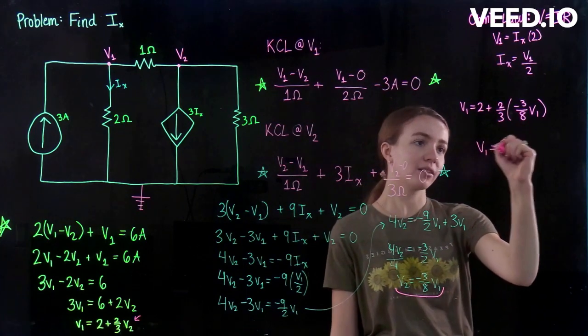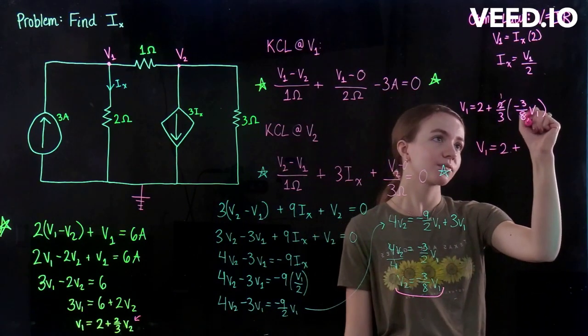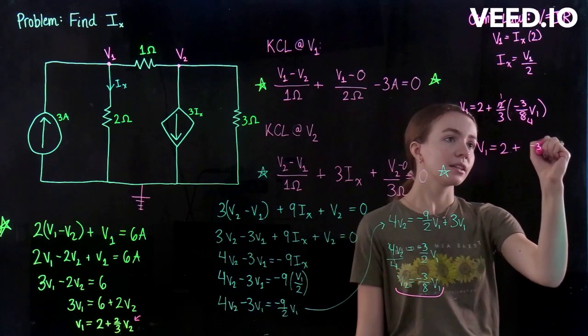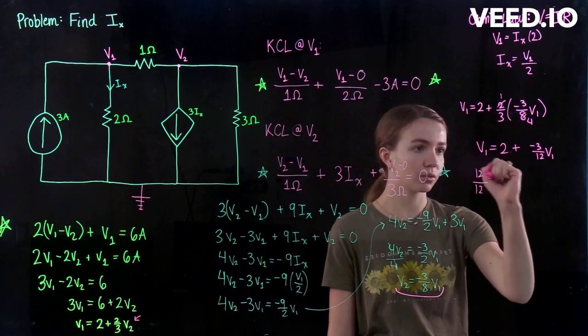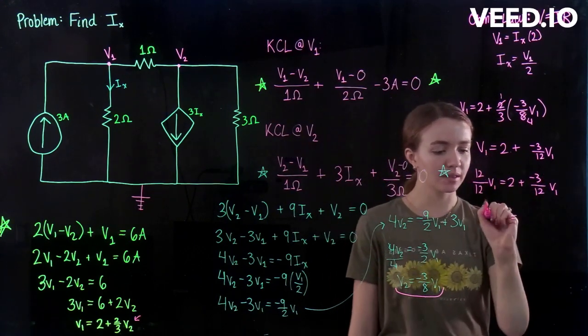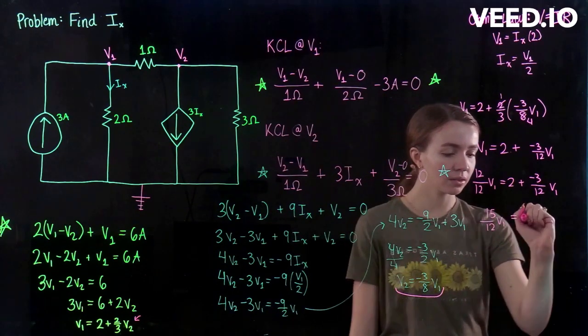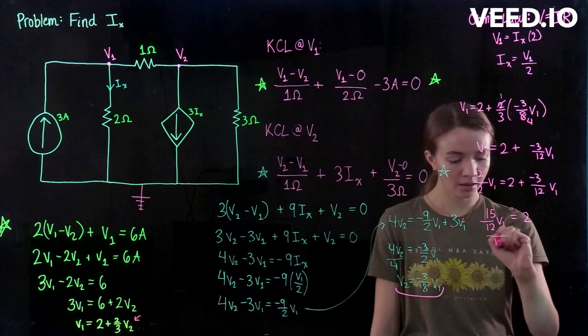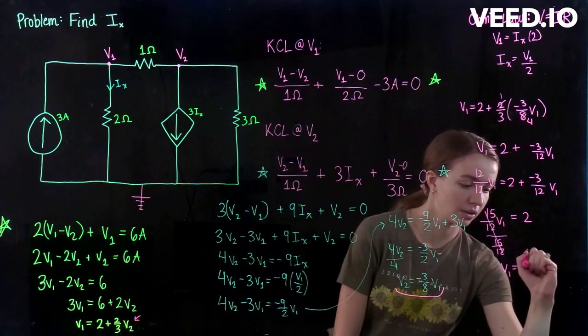So we have V1 equals 2 plus negative 3/12 V1. This is going to be 15/12 V1 equals 2. We're just going to divide this side by 15 over 12.